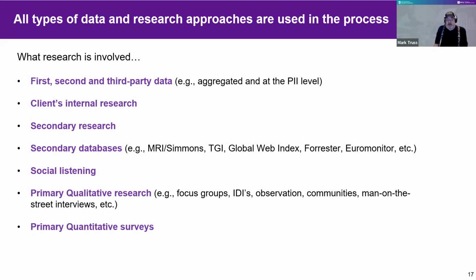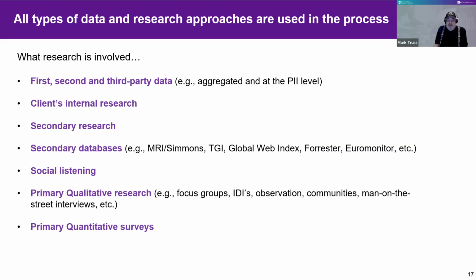Or there may be third-party data that helps us understand how do people shop for our brand relative to other brands in the category. Client often has tons of internal research that they want the agency to see and understand and ingest in order to help them get where they need to go.